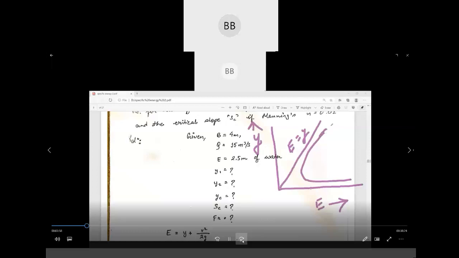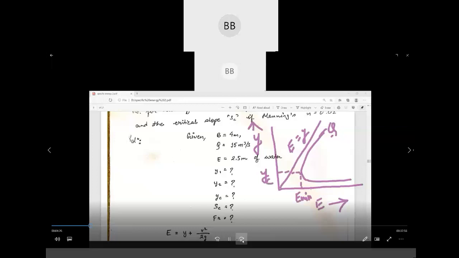This is your critical energy, I can say E minimum, specific energy minimum for that particular discharge, and corresponding to that E minimum, the depth is called YC.